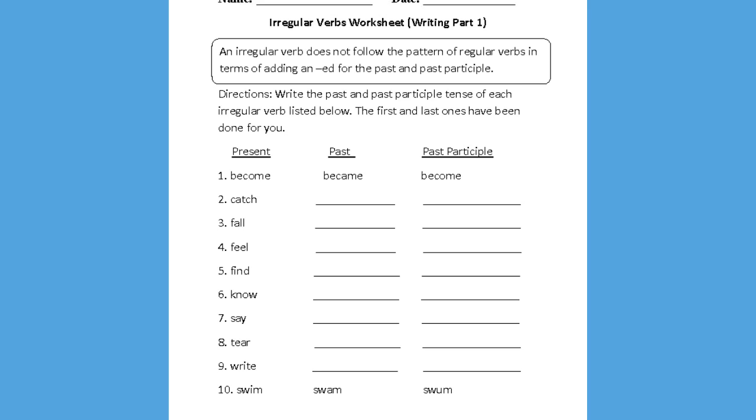Before starting the passive voice lesson, I think it's very important for students or learners to memorize regular and irregular verbs. So as you can see here in this worksheet, I will give you some seconds to see if you are aware of these verbs, past and past participle.